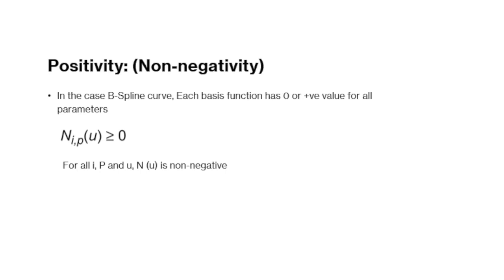And we have one more property called non-negativity, which is nothing but positivity. For all i, p and u, where i, p and u are control point, degree, and segment, N_{i,p} is non-negative.